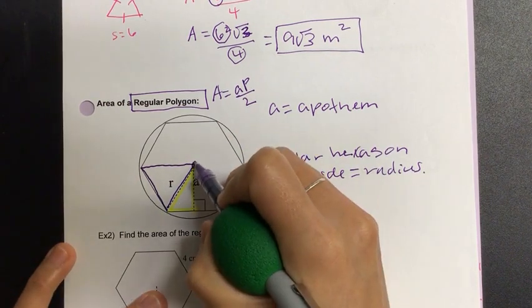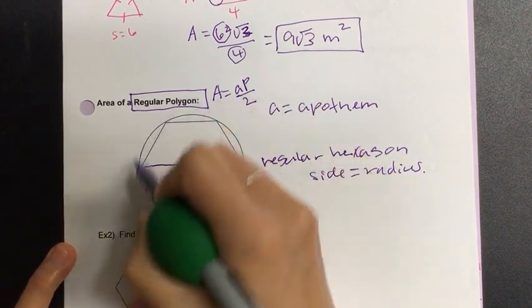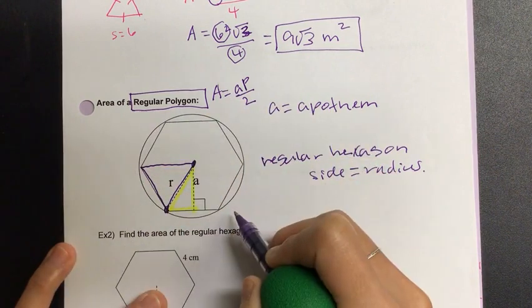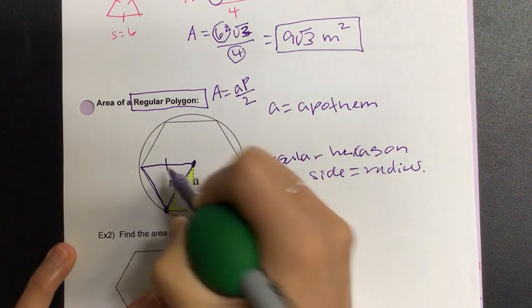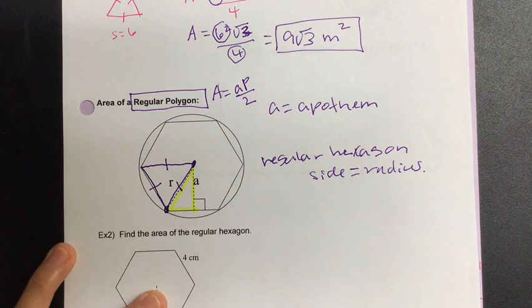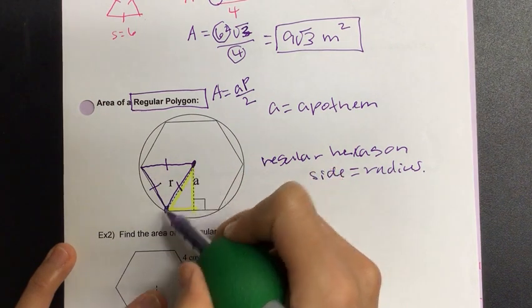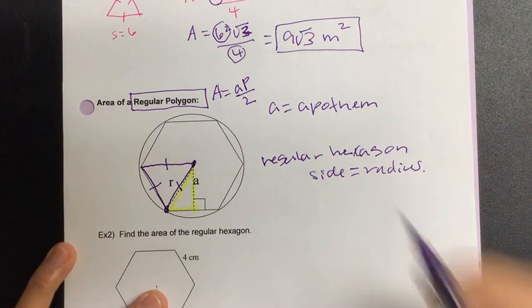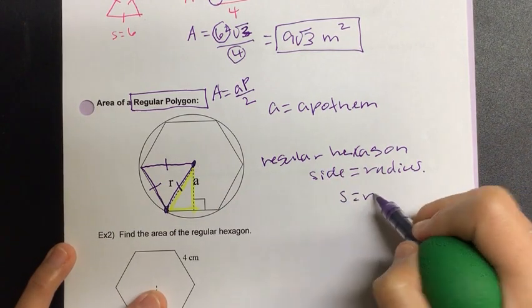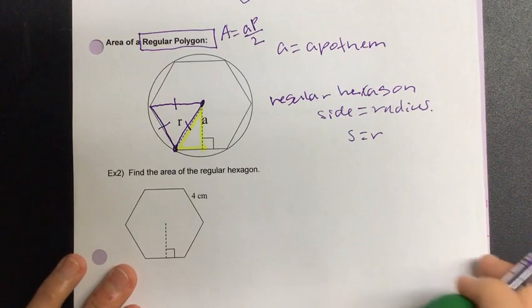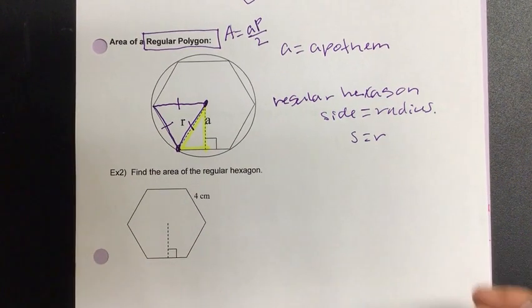Would you guys agree that from the center to the edge, it's basically the radius of the circle? Yeah. And then only in a regular hexagon, we have 6 equilateral triangles. So therefore, the one side is equivalent to the radius. So let's write on here, side is equivalent to the radius. And that is only true for the regular hexagon, all right?